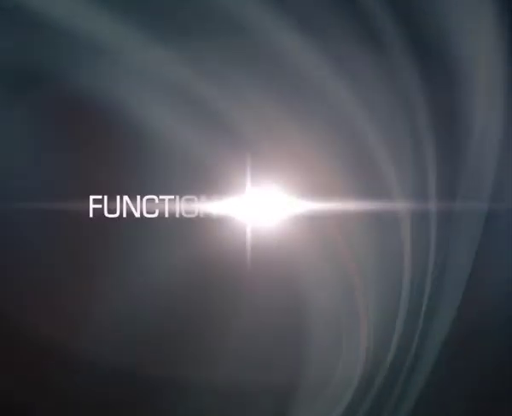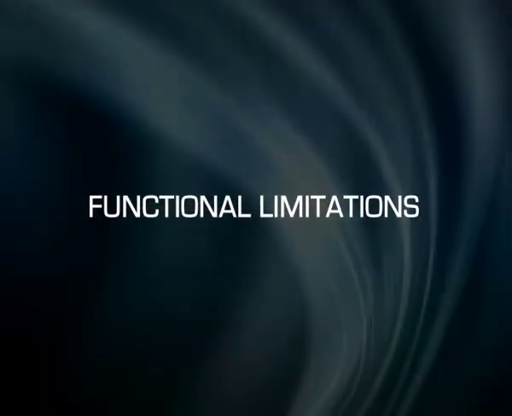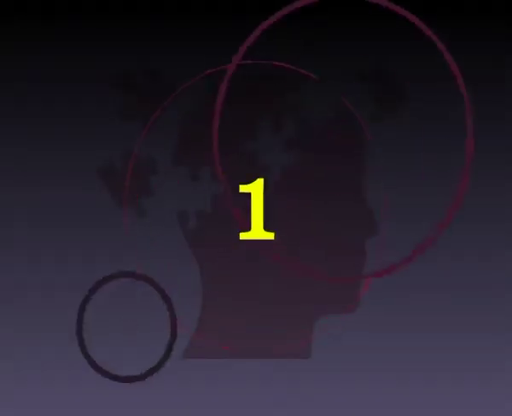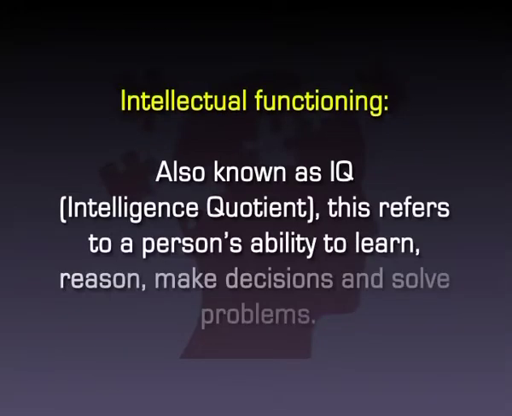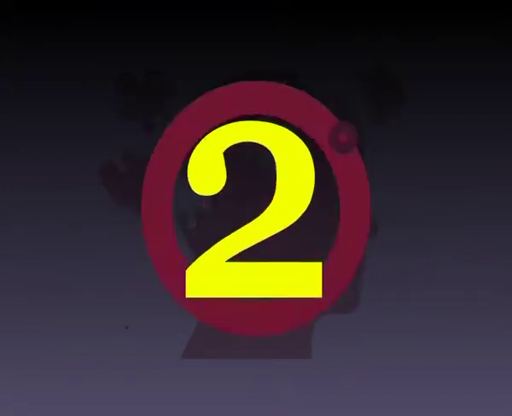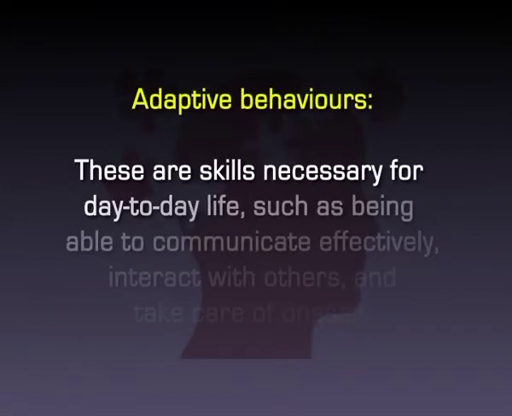Its functional limitations are: a person with intellectual disability, that is mental retardation, has limitation in two areas. Firstly, intellectual functioning, also known as intelligence quotient. This refers to a person's ability to learn, reason, make decisions, and solve problems. Second, adaptive behaviors.